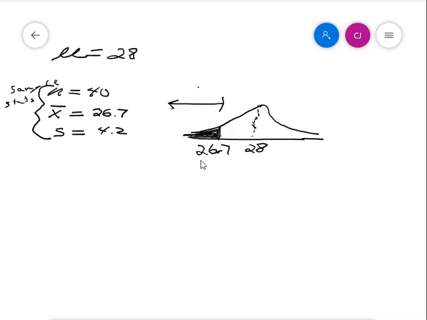Now, how are we going to do that? We've already done that a lot. Remember, for area under the curve, we used normal CDF. We would do normal CDF, and then we would enter negative E99, comma.